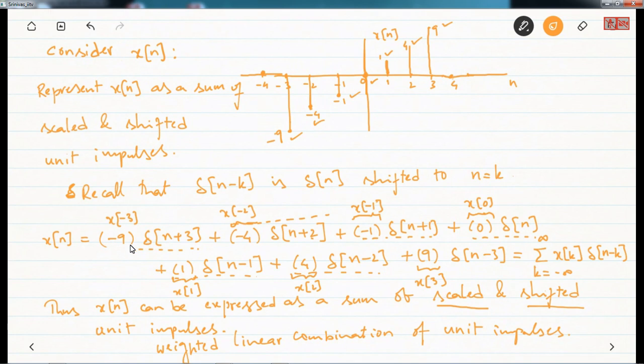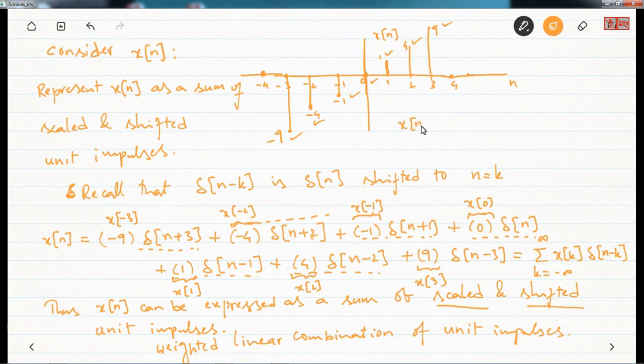So it is basically x of -3 into delta of n plus 3, x of -2 into delta of n plus 2, and so on. So what I'm trying to express is x of n as x of k delta of n minus k.